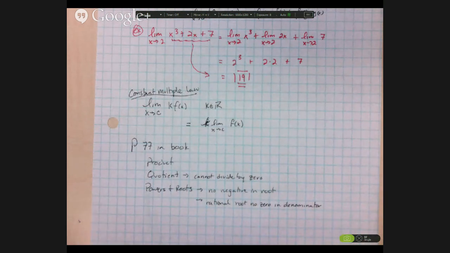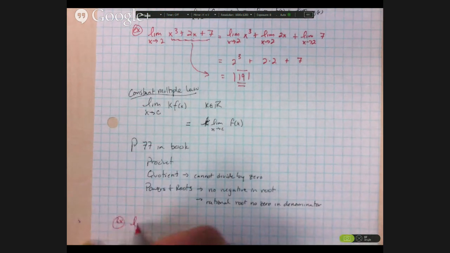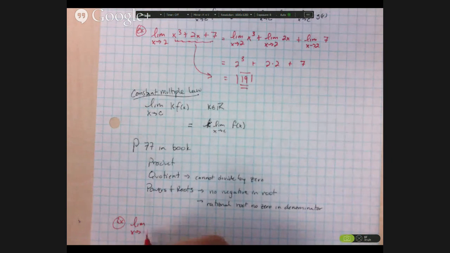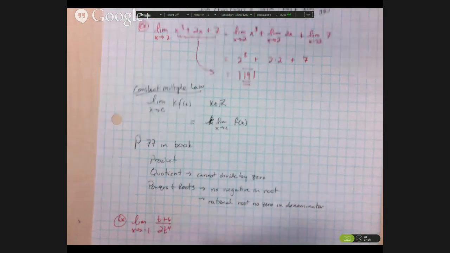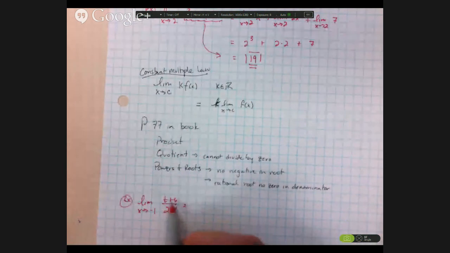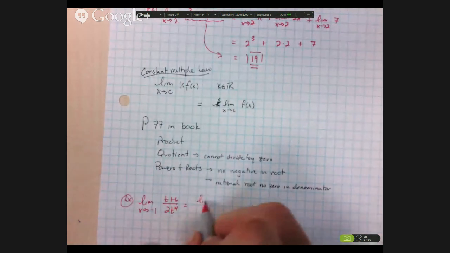Okay. Let's look at a couple of harder ones. If you look at example 1 in your book, those are plug in and just do the math. These ones will probably be the same. So t plus 6 over 2t to the fourth, the limit as t approaches -1. We're going to split it up.